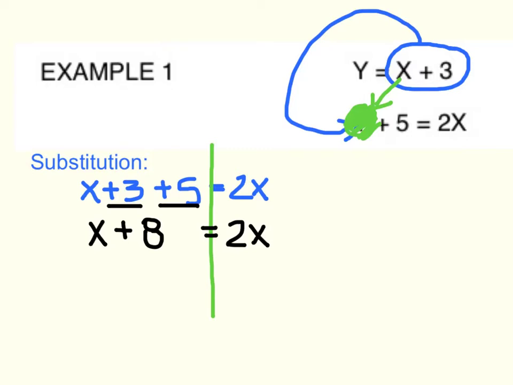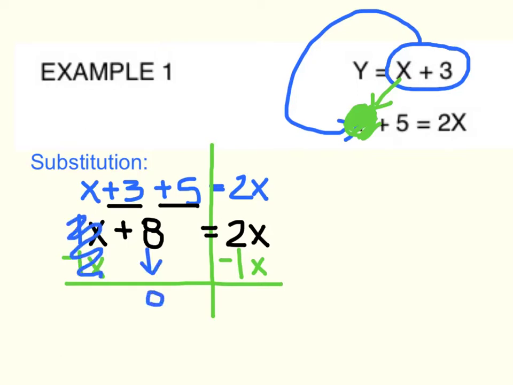I'm going to move the 1x to the other side by doing the opposite, which would be to make it minus 1x. What I do to one side, I do to the other side. So what do I end up with? Notice these canceled out, and I bring down the 8 equals 2x minus 1x is just x. So I have my first answer, and that is that 8 is x.